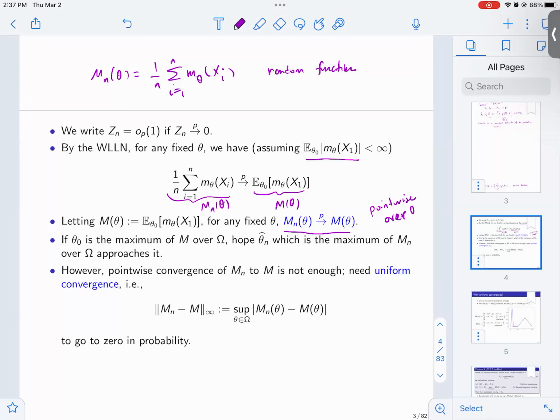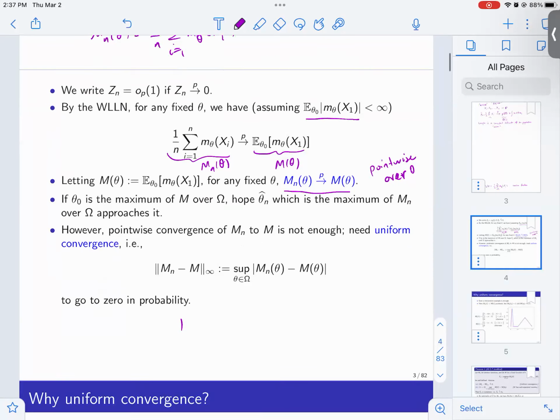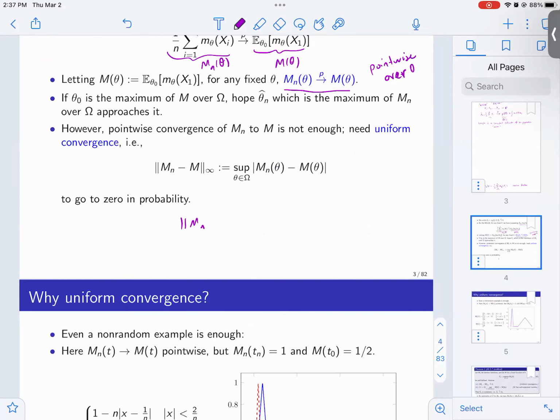If I can show that M_n minus M infinity converges in probability to 0, then good things happen. With a little bit of another condition, I can guarantee the convergence of maximizers.